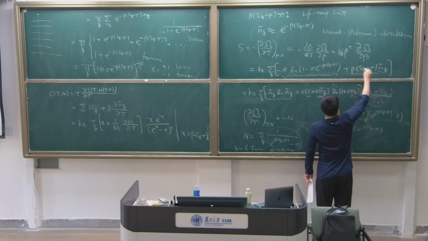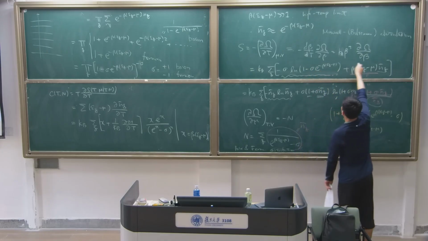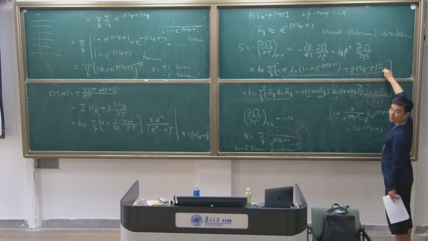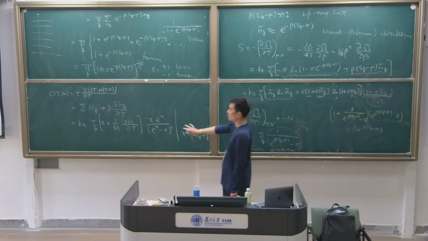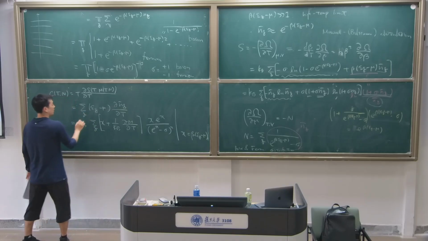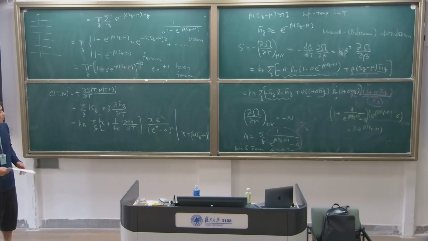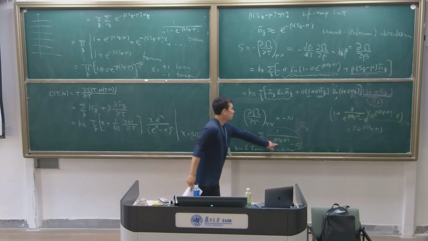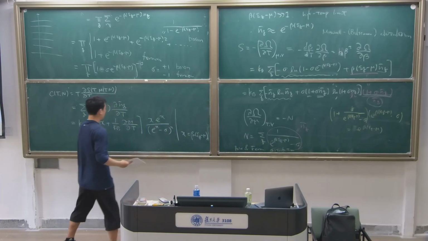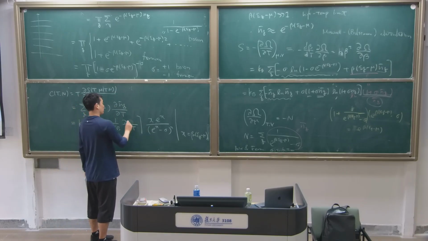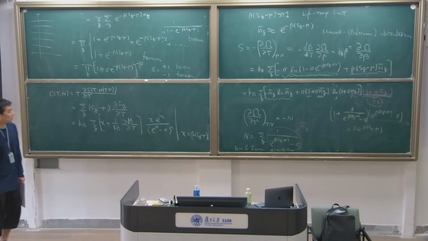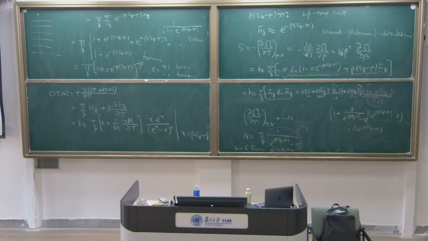Actually, if you take the derivative, they cancel each other. What's left is the derivative with respect to T in this distribution. This one you have to do by yourself, I'm not going to do it. Plug this quantity in here and you get this. It's kind of tedious, but you have to. Okay, so those are C, S, and so on.